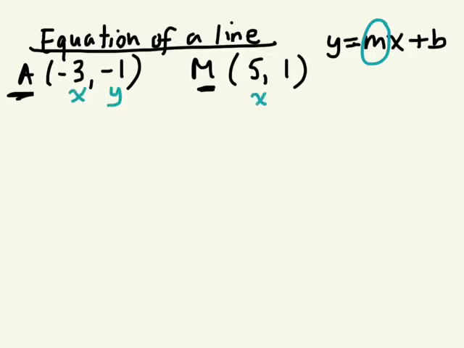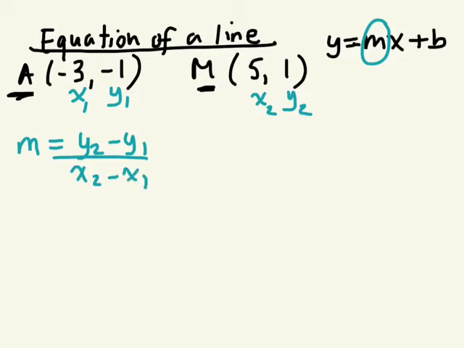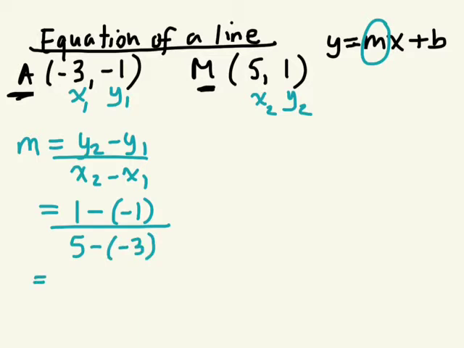And we just did this earlier. Let's call this x1, y1, x2, y2. How do you find slope of a line given two coordinates? y2 minus y1 over x2 minus x1. y2, I labeled it as 1, take away negative 1, over 5 take away negative 3. 1 minus negative 1 becomes 2. 5 take away negative 3 is 8.